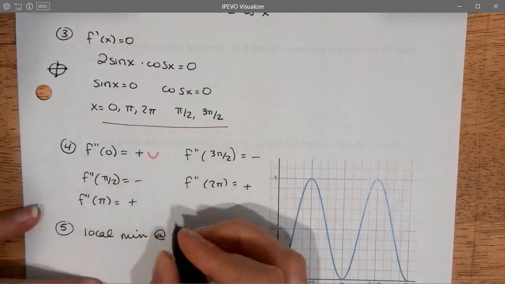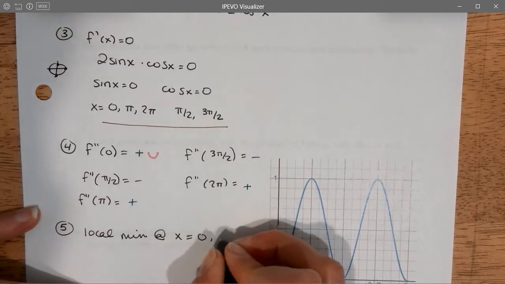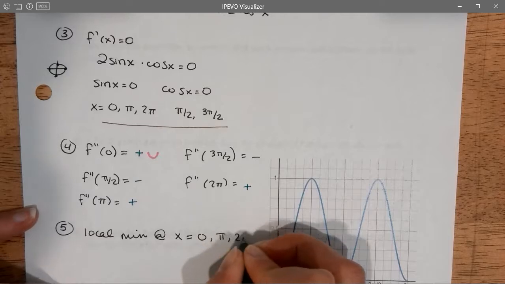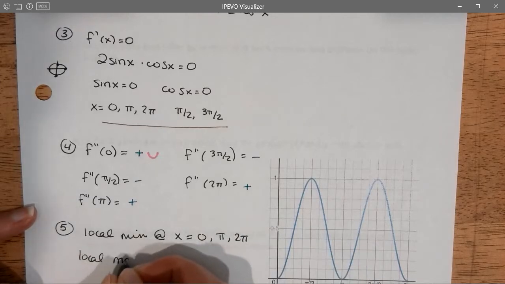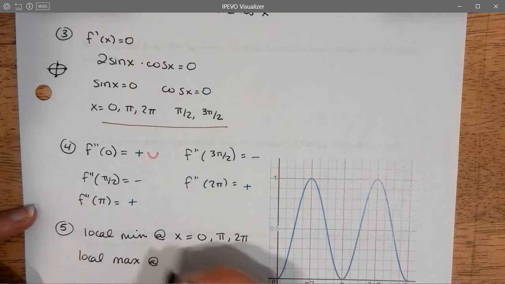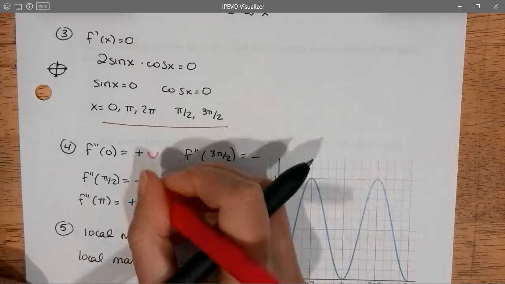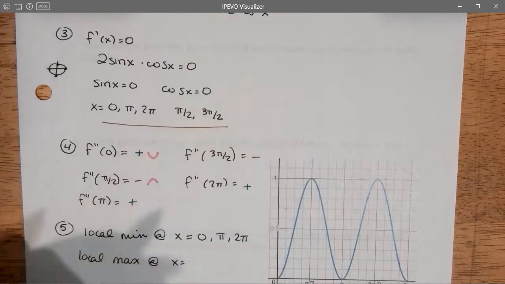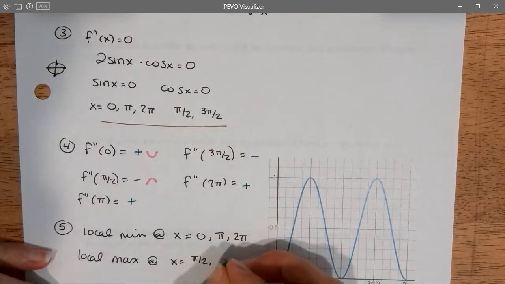So we have a local minimum at x equals 0, pi, and 2 pi. And we have a local maximum at x equals anywhere the second derivative was negative, because negative means concave down, means maximum. So at x equals pi halves and 3 pi halves.